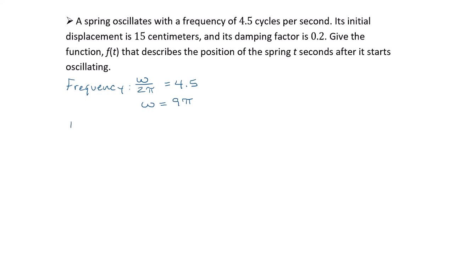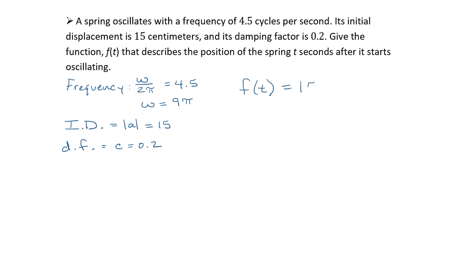And then I know that my initial displacement is the absolute value of A, which is 15, given in the problem. And I have a damping factor of C, which is 0.2. Now I have a couple of options to choose from. I could use the sine function or the cosine function. So let's walk through how to know which one to use.